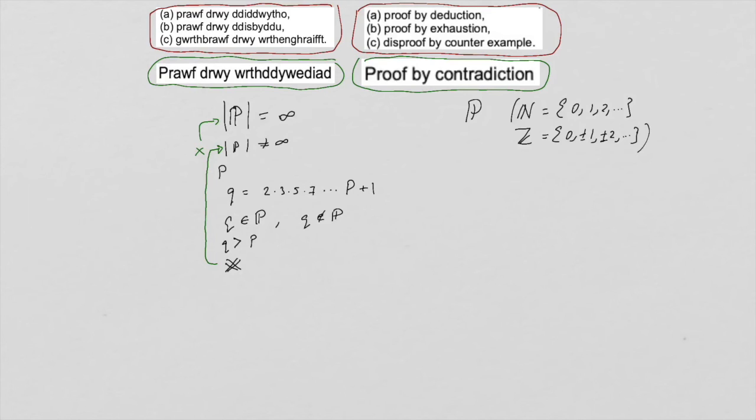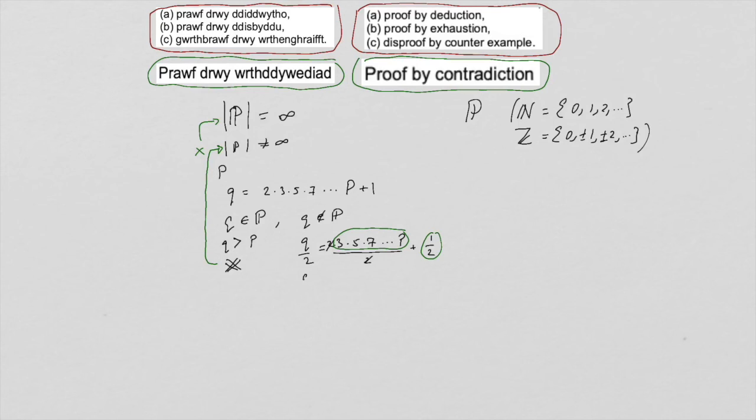So if we do Q divided by 2, then that will give us 3 times 5 times 7 all the way up to P. And notice the 2's disappeared because it's cancelled. In fact, I'll just put it in. But we've also got this 1 that has to be divided by 2. So here we have a whole number here, but then we have a half. So Q doesn't divide by 2.